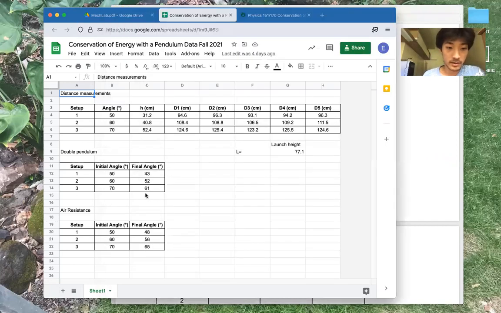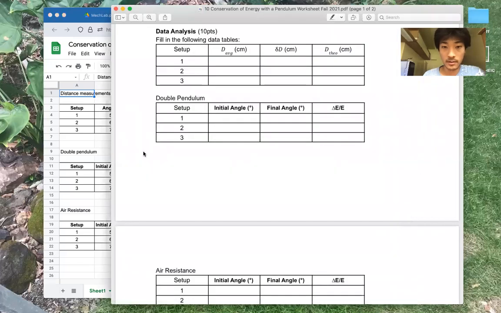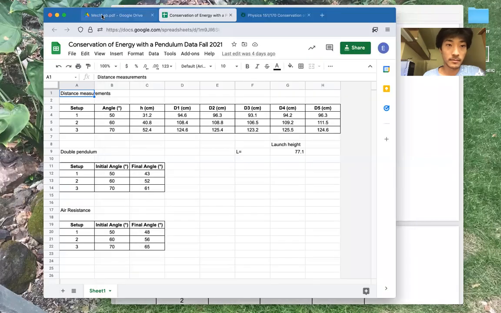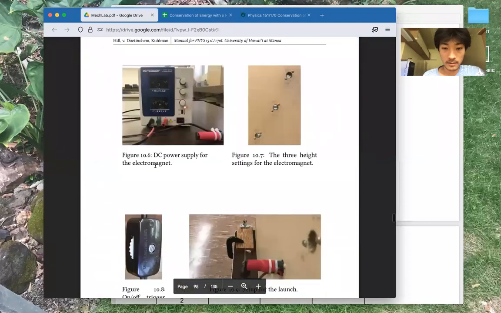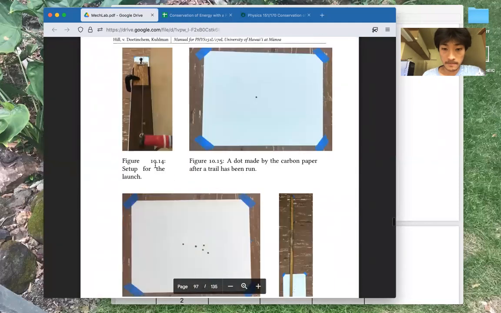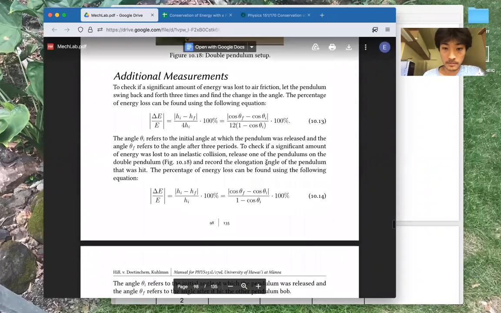So this double pendulum data corresponds to this box over here. And for this final column, you're going to be using equation 10.14. If I bring that up, 10.14 is down here. This is the one that's related to the double pendulum.